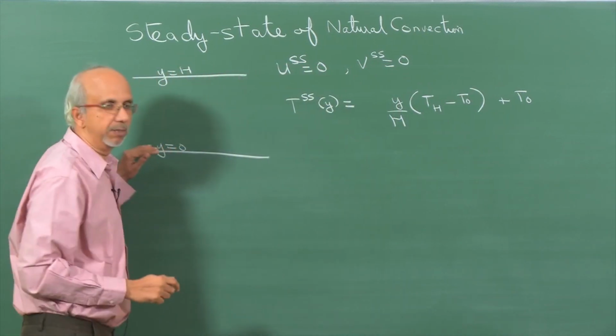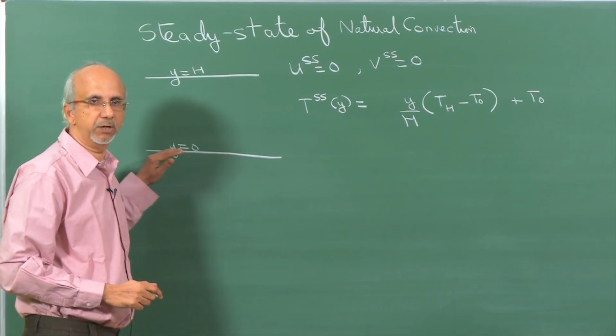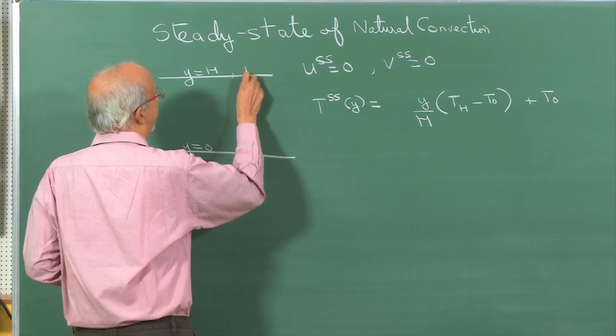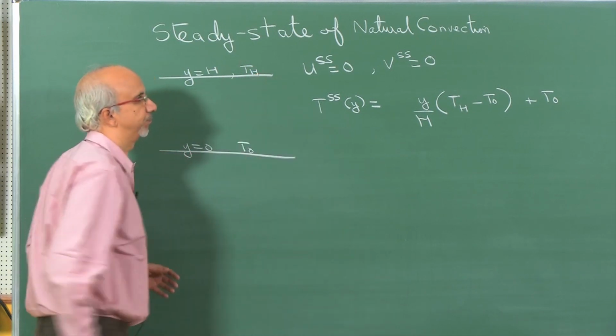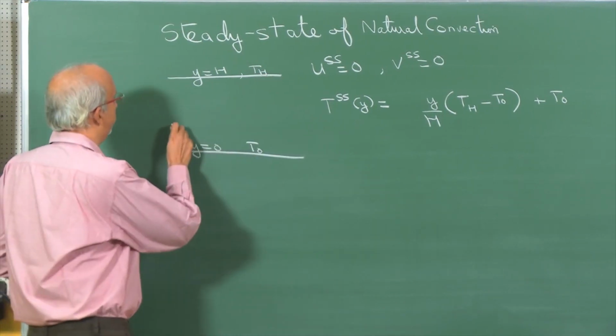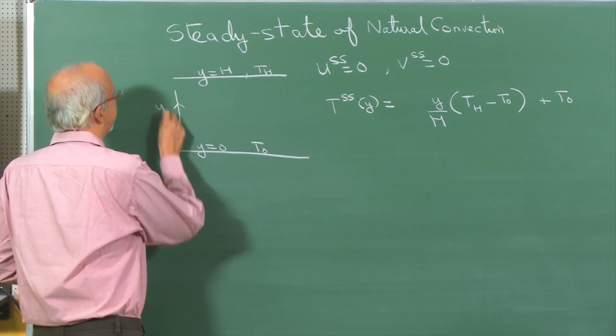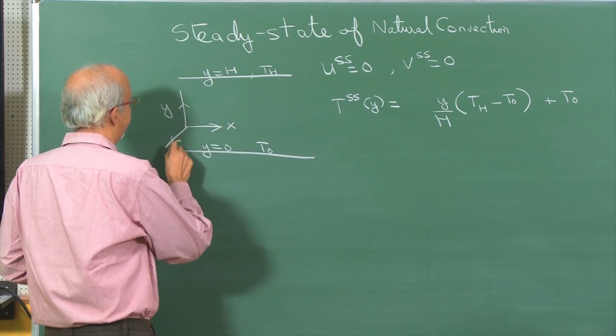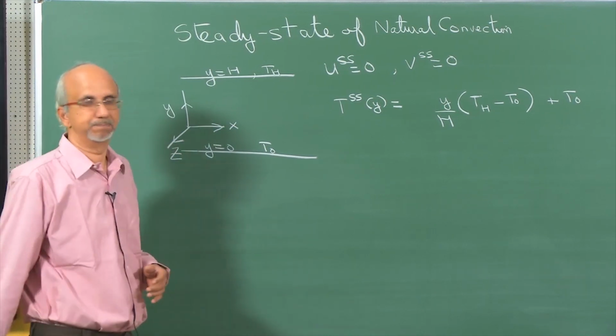So, the temperature of the plate at the bottom is T0 and the temperature of the plate at the top is Th, and that is the linear steady state. We had this as the y direction and this as the x direction, and it was extending to infinity in the z direction.